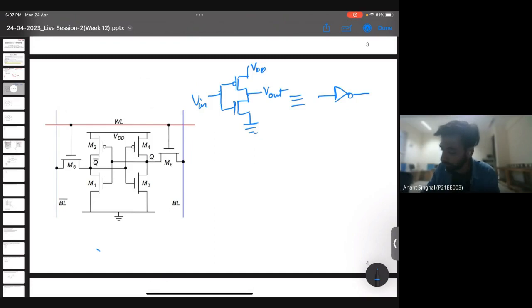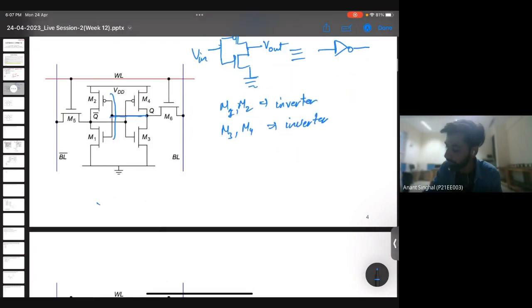So here in this circuit, as you can see, M1 and M2 are transistors which are acting as an inverter, and then M3 and M4 are also acting as an inverter. And you can see the input of this M1 M2 inverter is connected to the output of this M3 and M4 inverter. So these transistors are cross coupled.